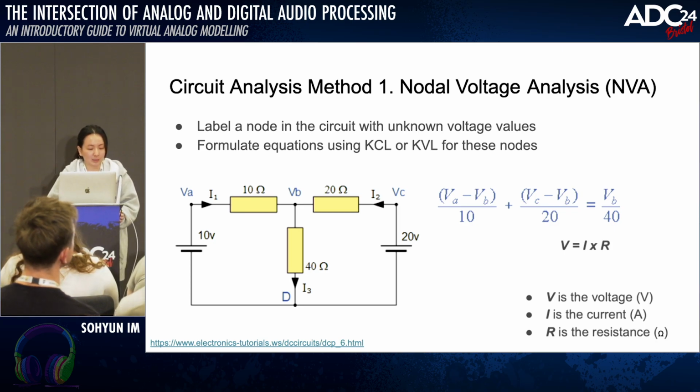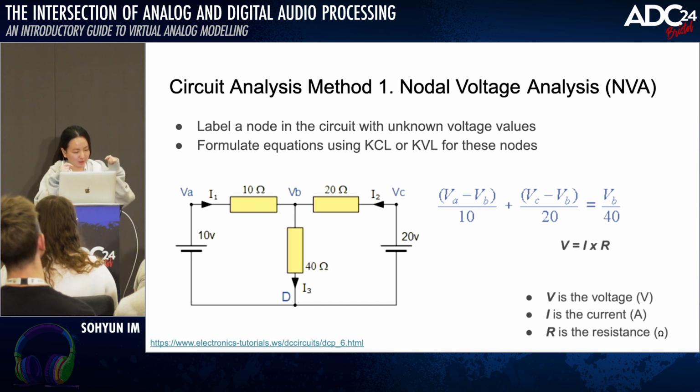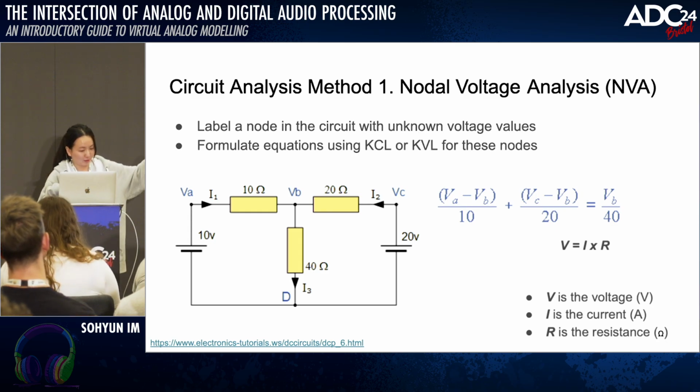But you can formulate equations using Kirchhoff's current law or Kirchhoff's voltage law we just saw. This example is about Kirchhoff's current law. You can see the node VB, and the current is coming into VB, and then coming out through the resistor this way.